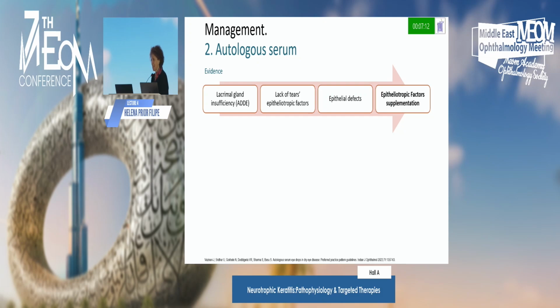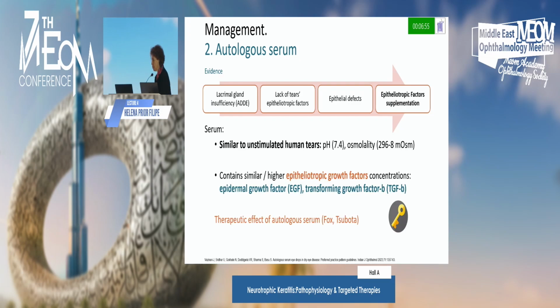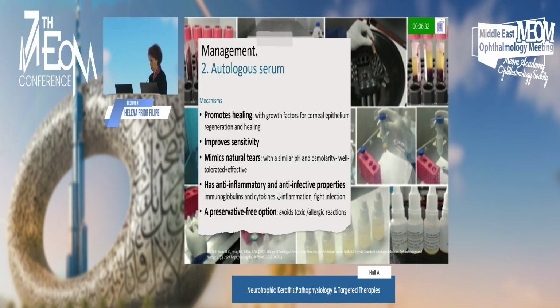What happens in the pathology of this entity is that, through a series of stages, the cornea will be lacking epithelial trophic factor supplementation, and the serum, by its similarity to unstimulated human tears, can provide those epitheliotropic growth factors, such as epidermal growth factor, transforming growth factor, etc. The therapeutic effect of autologous serum has been established since Fox and Subota.